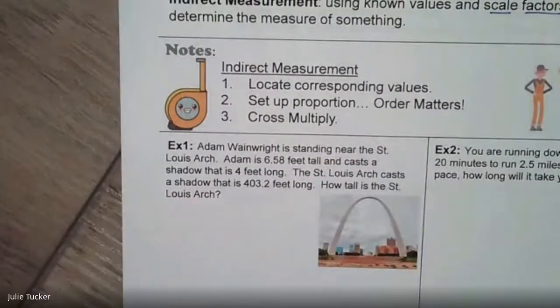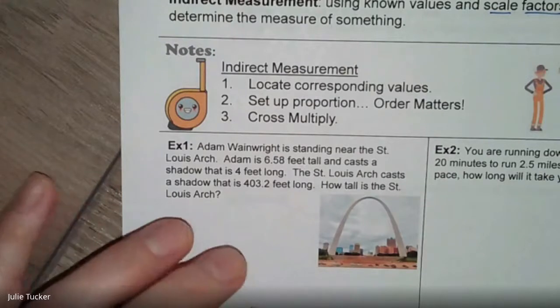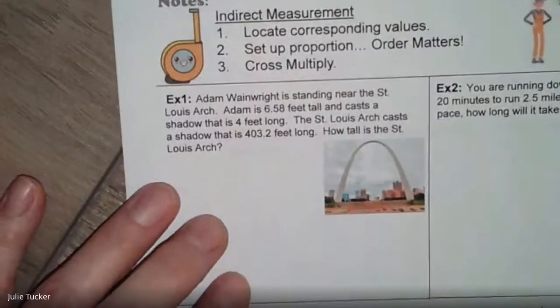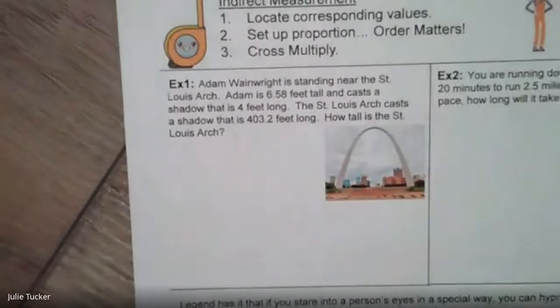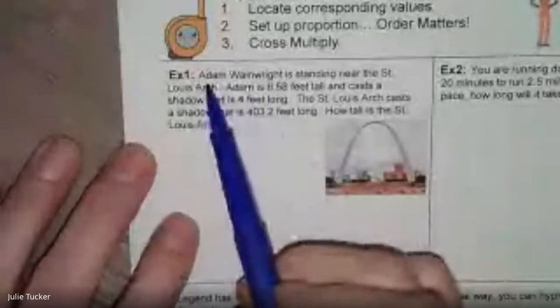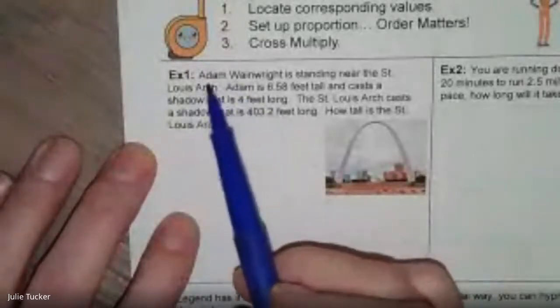So it's not a different idea from what you've been doing. It's using the same math, the proportions. It's just that the way it's being used is for a particular kind of word problem where you're finding the dimensions of something. Here we go. Let's read this together.